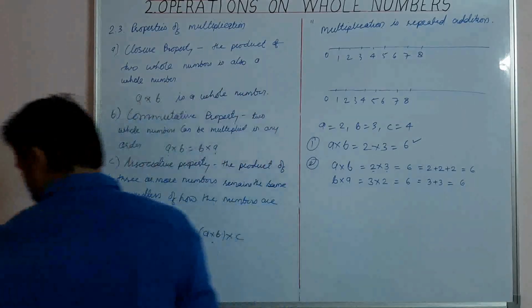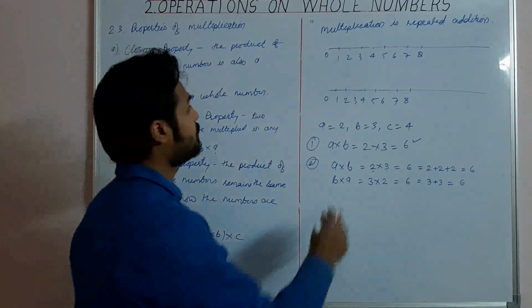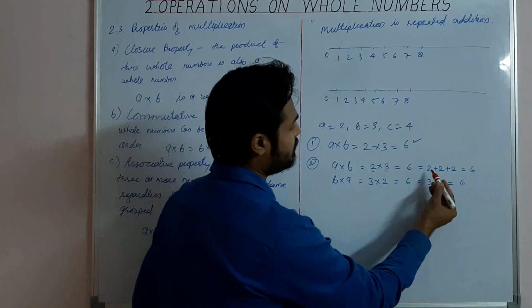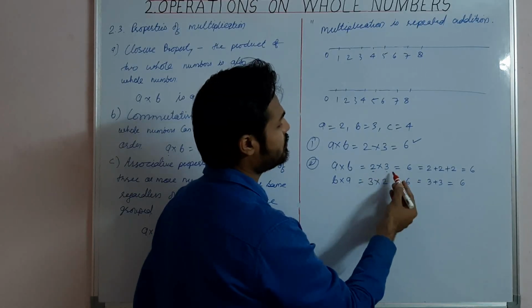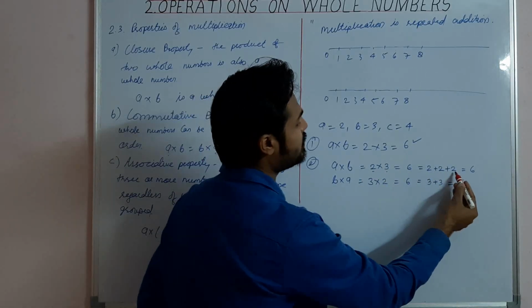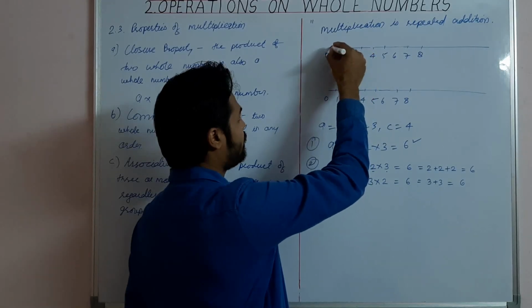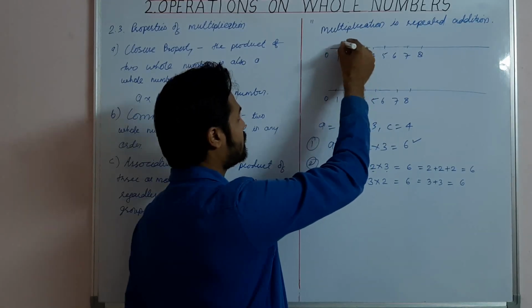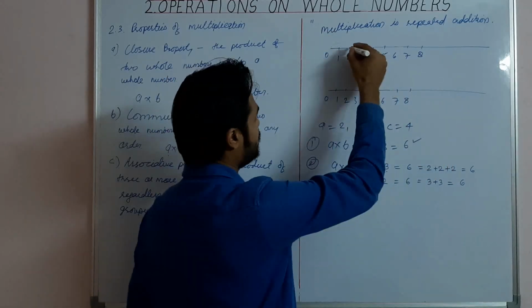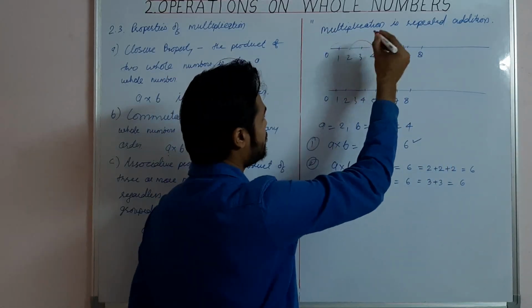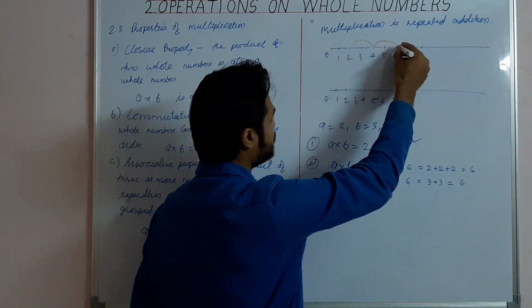Now, let me show it to you in the number line. If you are writing 2 cross 3, 2 into 3, then 2 plus 2 plus 2. From 0 to 2, first jump, then 2 to 4, second jump, and 4 to 6, third jump.